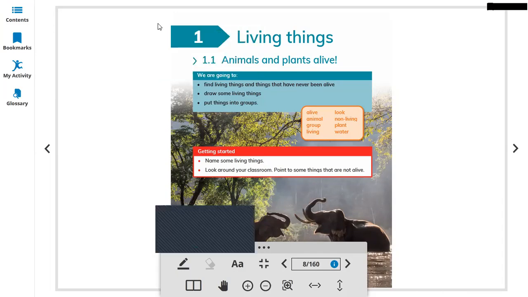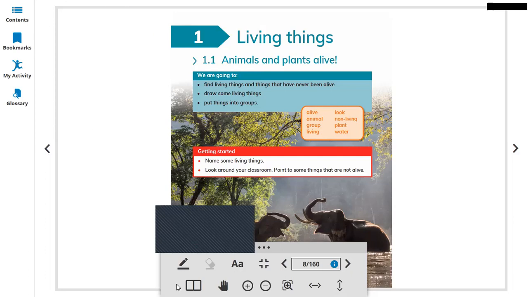All around you, there are many things that are living, and there are some things that are non-living. In the home, in the classroom, you can find living things and non-living things.